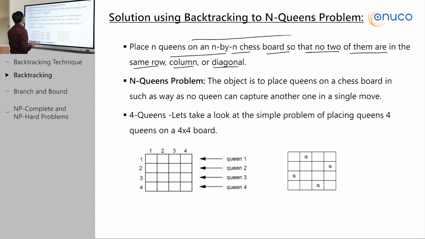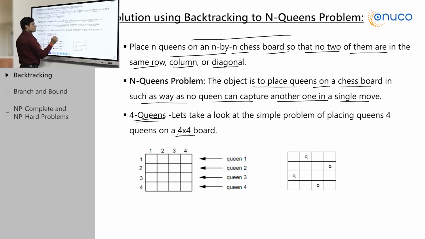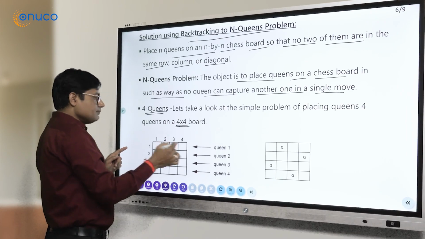That is the problem. In the n-queen problem, the object is to place queens on a chessboard in such a way that no queen can capture another in a single move. As a standard case we are going to discuss the 4-queen problem, where 4 queens are placed on a 4x4 chessboard. Again, the rule remains the same.